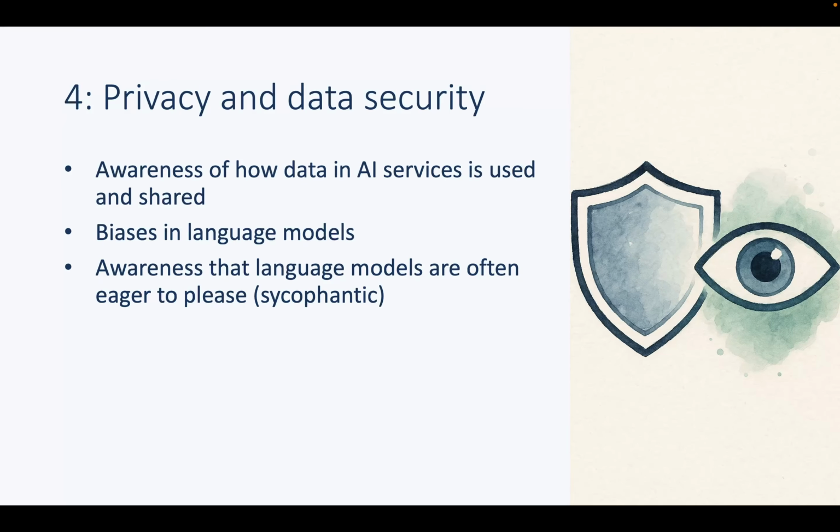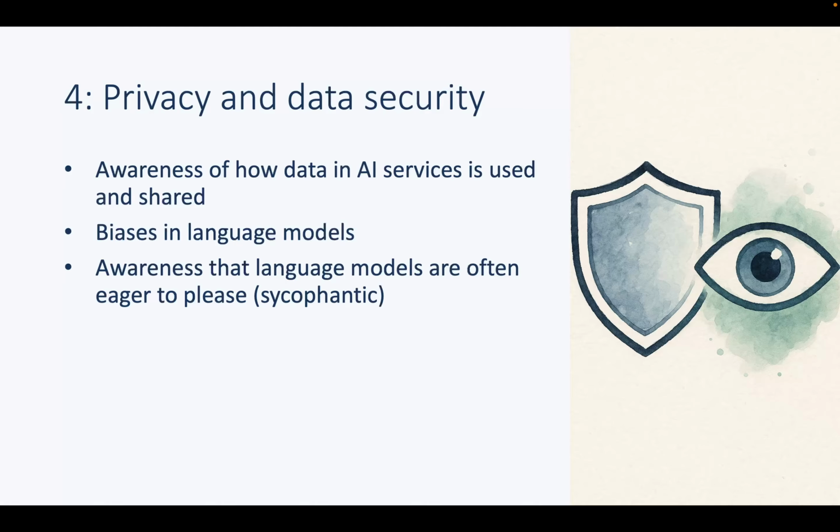Privacy and data security. Just knowing what happens with your data when you're using AI tools is good, and also comparing that between different services could be useful. Being aware of biases in language models, and no AI model is unbiased.